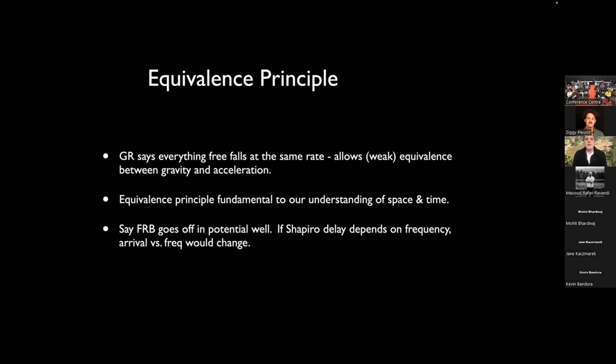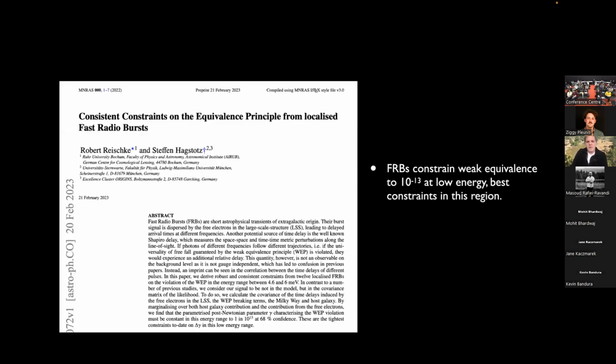And the way this happens is that if I have a photon coming out of a potential well, if equivalence is violated, you would expect that the Shapiro delays would be different for photons at different frequencies. And so the arrival as a function of frequency would look different. And that will constrain the equivalence principle.